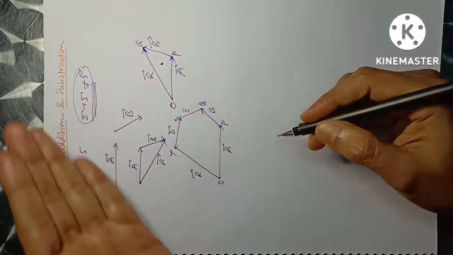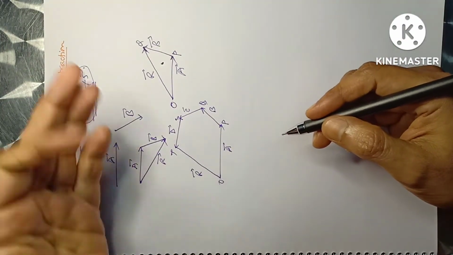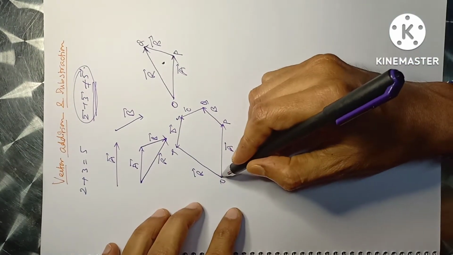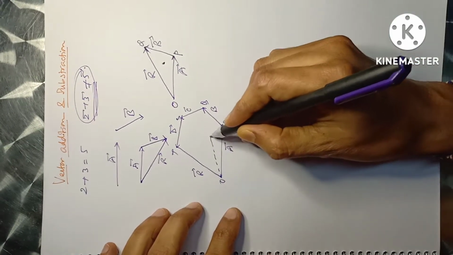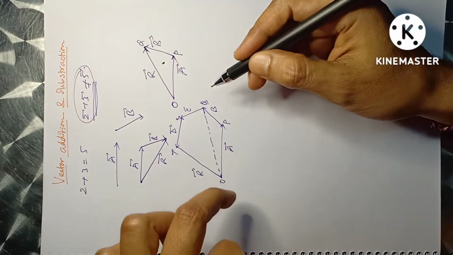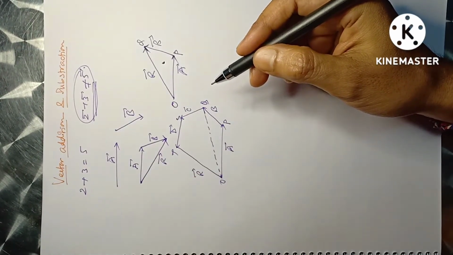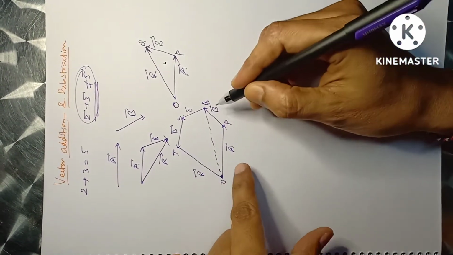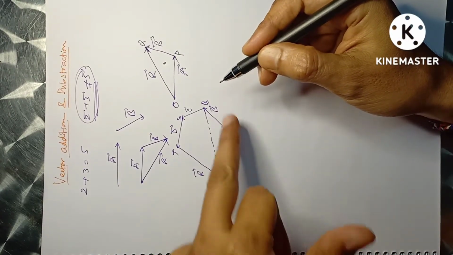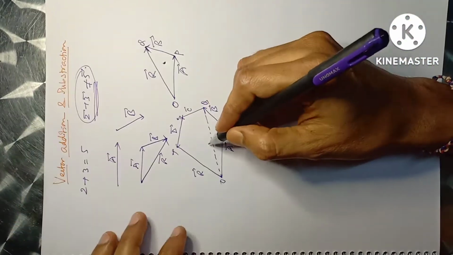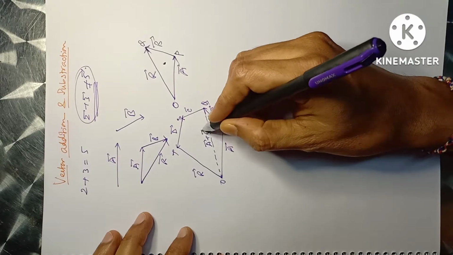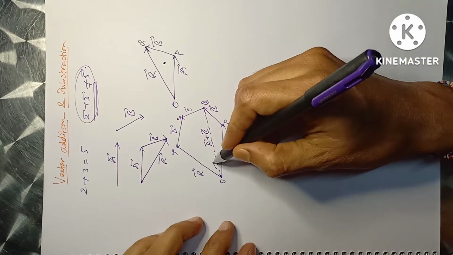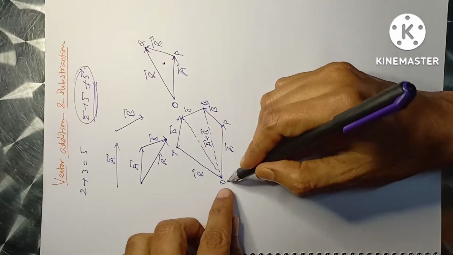Now how can we add A, B, C, D by the triangular law? First of all, we draw this. O, P, Q is a triangle. Then A vector plus B vector, the sum of the two vectors, is represented by the third arm of the triangle. And this is also part of triangle OQS.